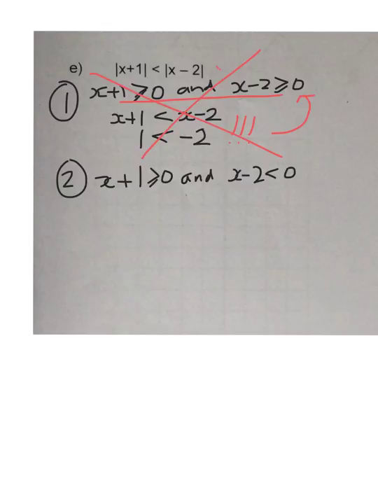Now, if we have the left hand being positive and the right being negative, that means that we have to have x bigger than or equal to negative 1 and x less than 2. And that is possible. X can be both of those things at the same time.